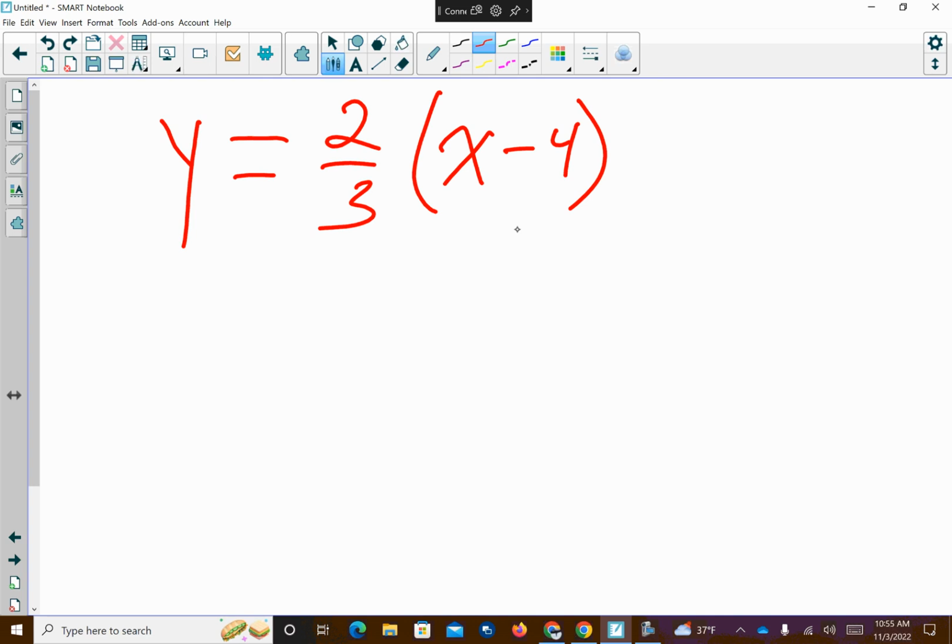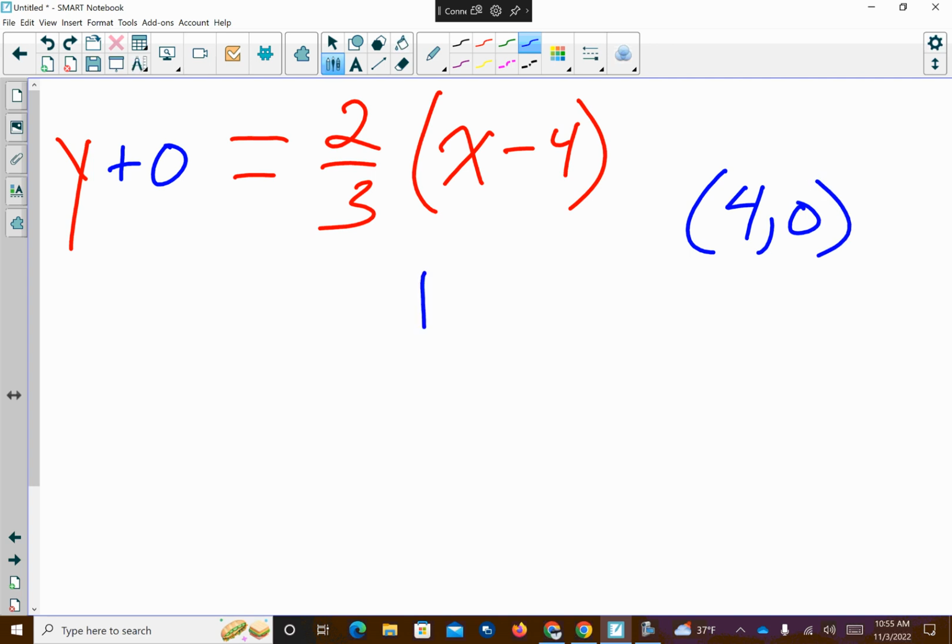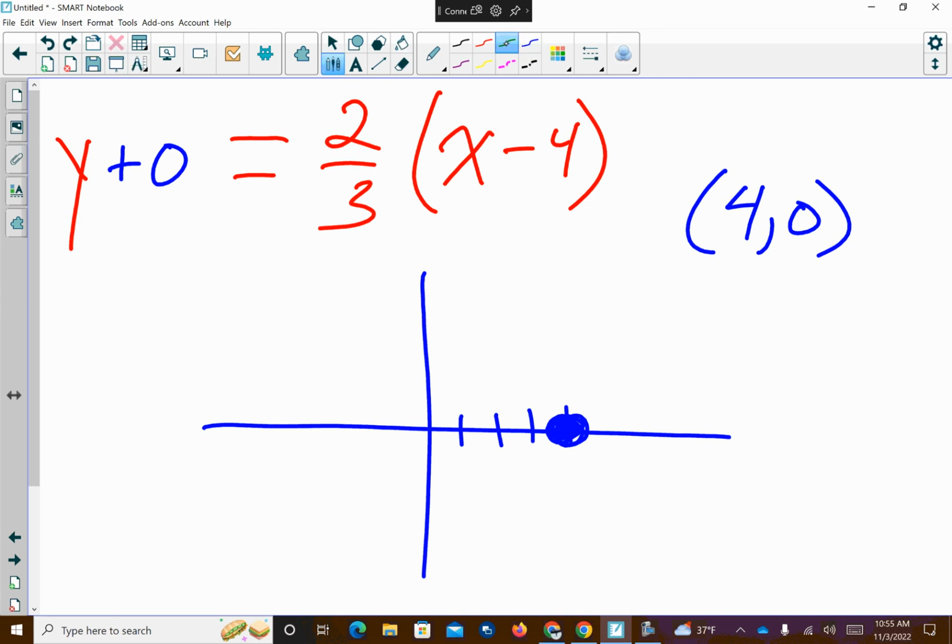Okay, let's take a look. So, friends, I'm going to rewrite this like this now. Right? It's the same thing. So I get 4, 0. So 4, 0. 1, 2, 3, 4, dot. Slope is 2 over 3.